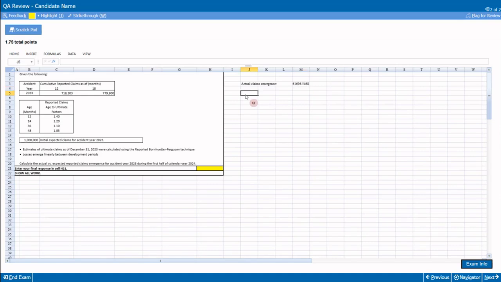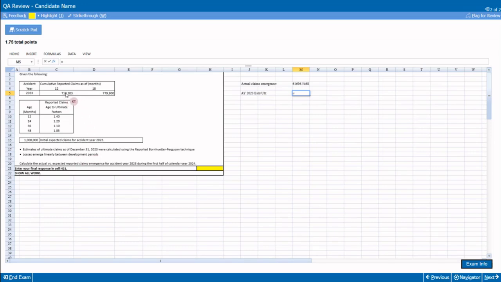Next, I need to find what the expected emergence would be. So I'm going to start by calculating what the accident year 2023 estimated ultimate would have been under the reported Bornhuetter-Ferguson technique. And this was calculated at the time as of December 31st, 2023.